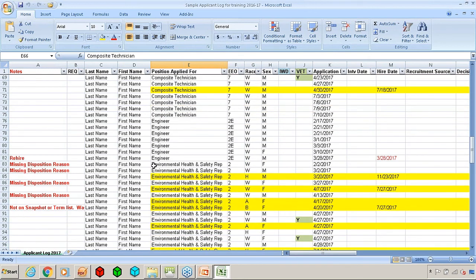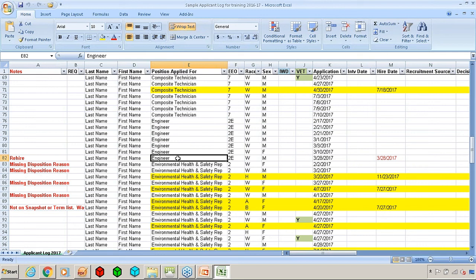And this down here, this particular person is an engineer that was a rehire. Do you need to repost the job if you know you're going to rehire someone? Especially if it is a callback from a layoff, or if you have a union and it's a callback from a layoff. You may want to post the job, but you don't have to, especially if it's a union callback from a layoff.